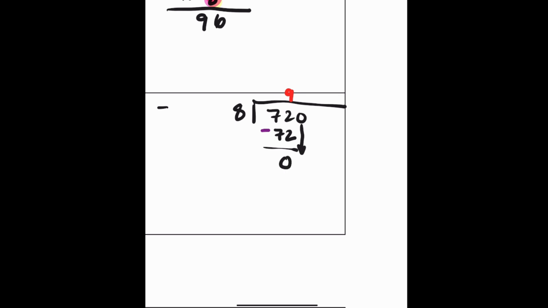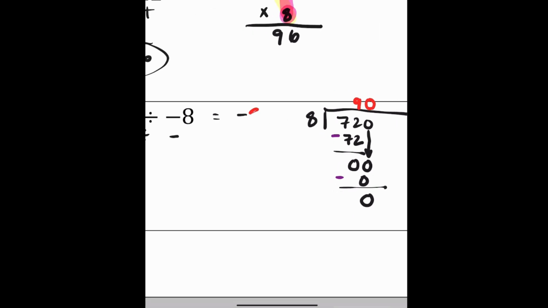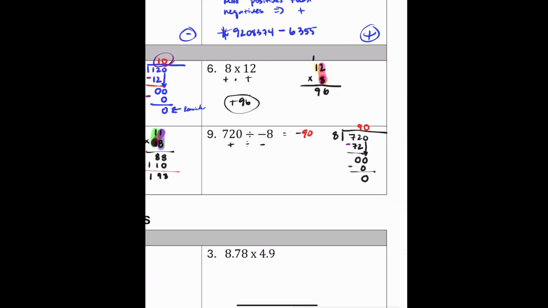Then we're going to drop down the 0 there. Okay, and then figure out how many times does 8 go into 0? Well, 8 goes into 0 0 times. Okay, so 8 times 0 is 0. So minus 0, 0 minus 0 is 0. So the answer is not 90, it's negative 90. Okay?